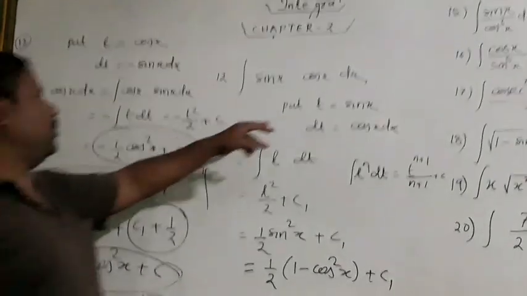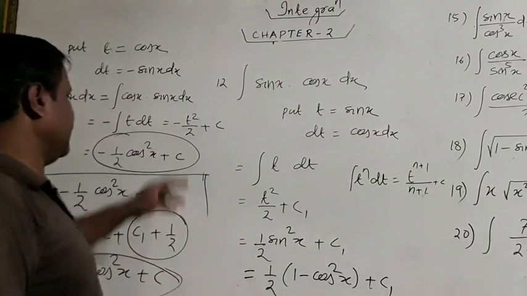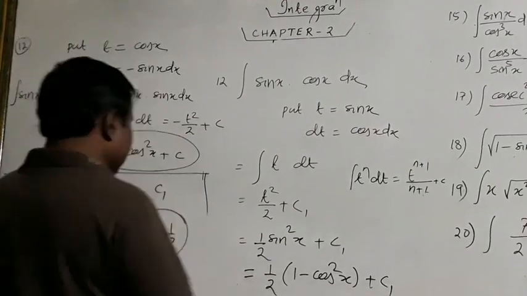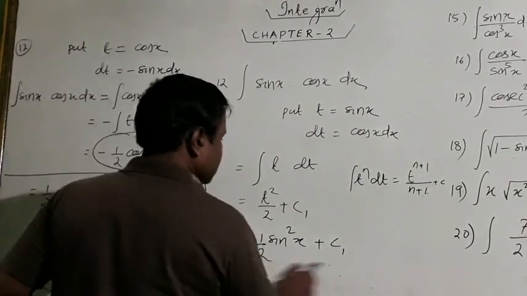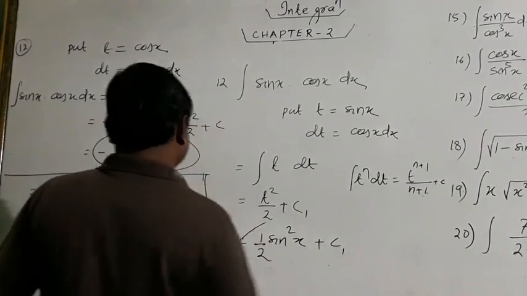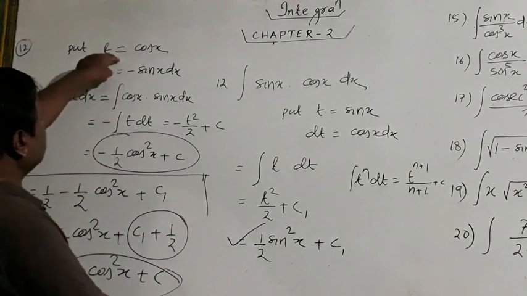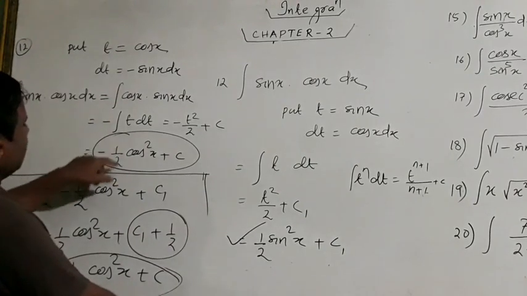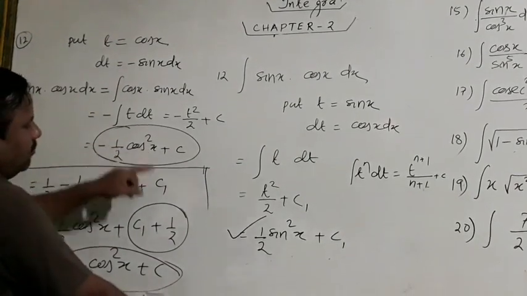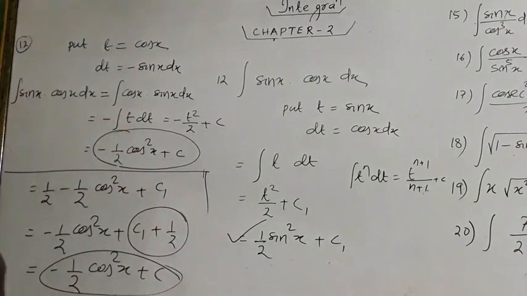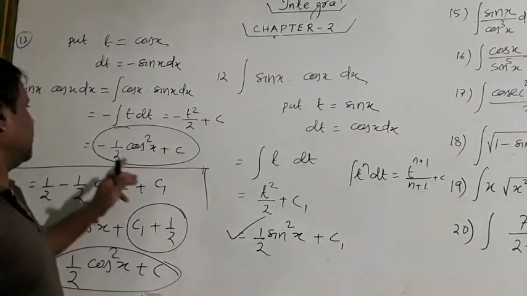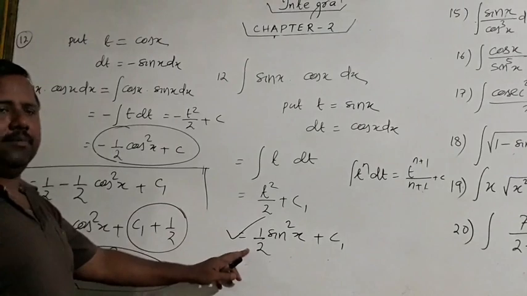So if you put t is equal to sin x, you will come to half sin square x plus C1. If you put t is equal to cos x, you will get minus half cos square x plus C. Both answers are equal. Okay, both answers are the same.